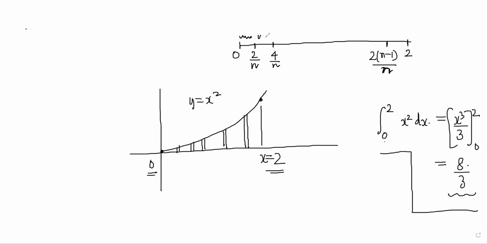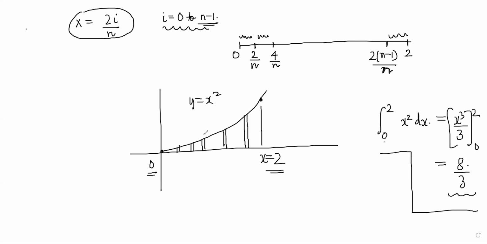You're dividing the whole length into n parts. These are widths, right? So you can say that the locations of these markings are at x equal to 2i by n, where i goes from 0 to n minus 1, right? Yes, sir. These are the locations of my different points, right?